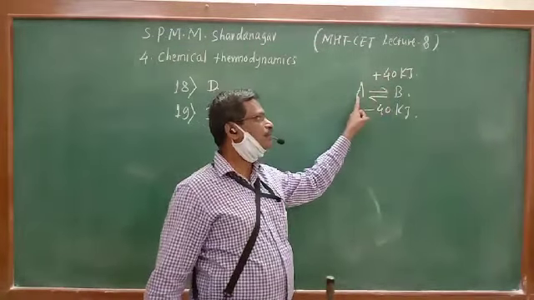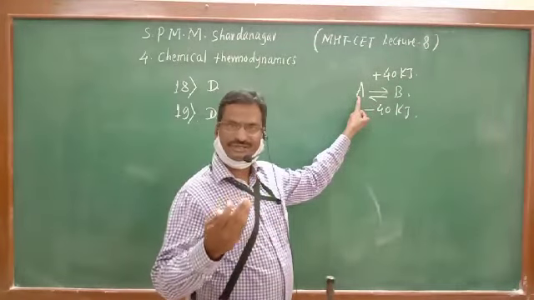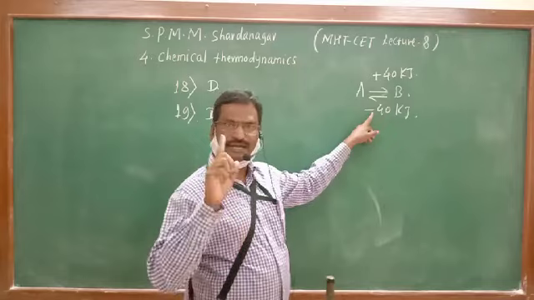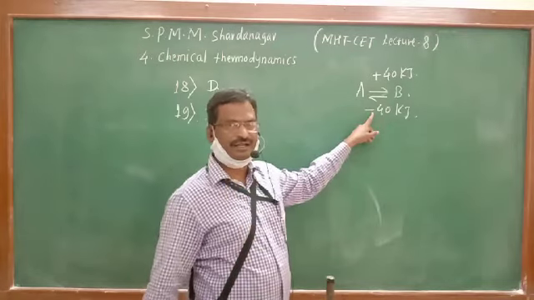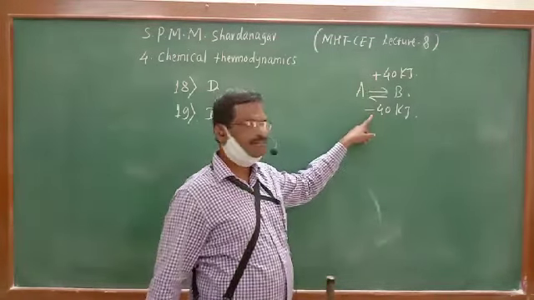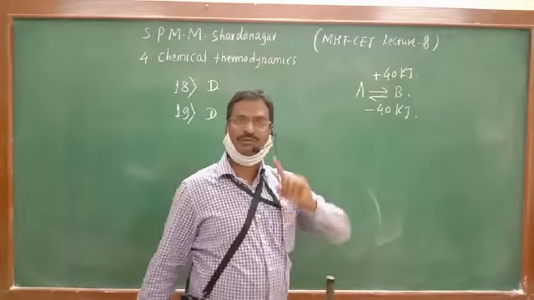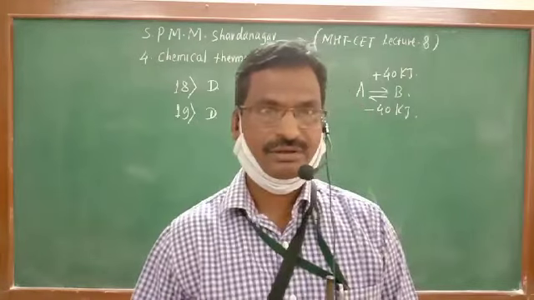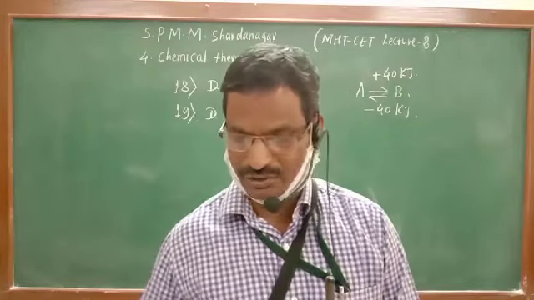When B is converted to A, the change in internal energy will be minus 40 kilojoule. So the net change in internal energy is plus 40 minus 40, which is equal to 0 kilojoule. So option D, the last option, is correct.